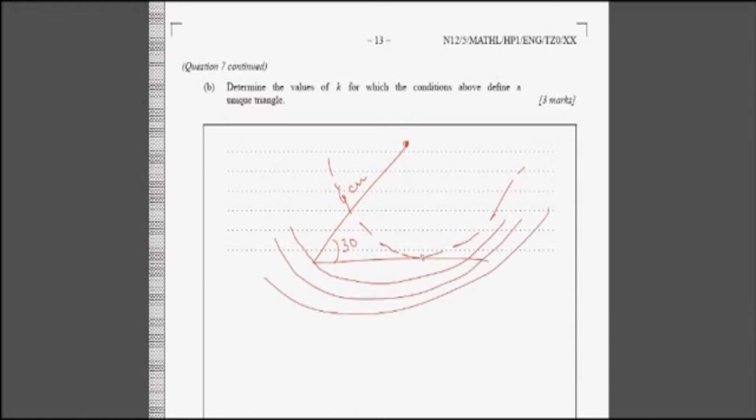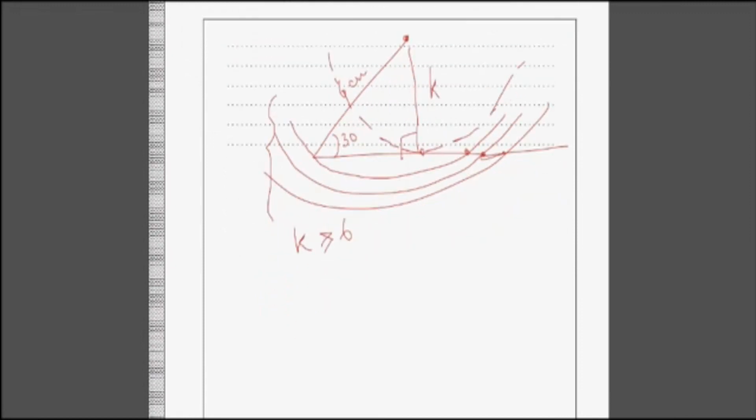So you can have this point P in one of these places. You can see that if it touches, then the line is perpendicular. In other cases you can have all these lines possible, which means that k could be greater than or equal to 6. The second case is when k makes a right angle triangle, so that you can easily solve for k at this position. Okay, you can check the mark scheme later for this.